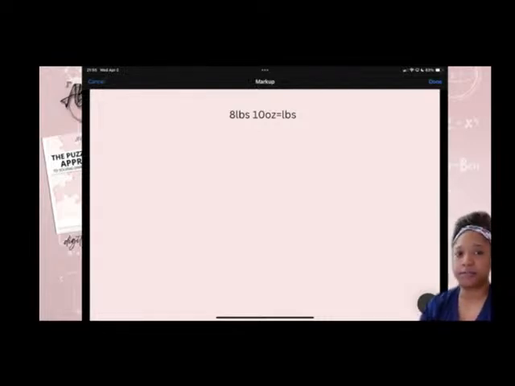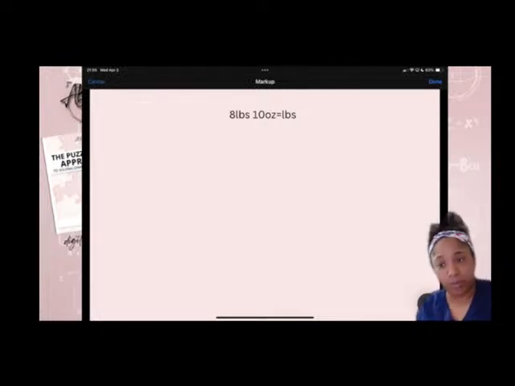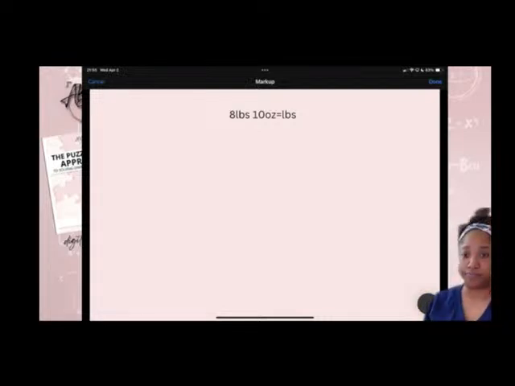All right, so first things first, to do any type of dosage, whether it's dimensional analysis, ratio proportion, or desired over have, you have to know your metric conversions.